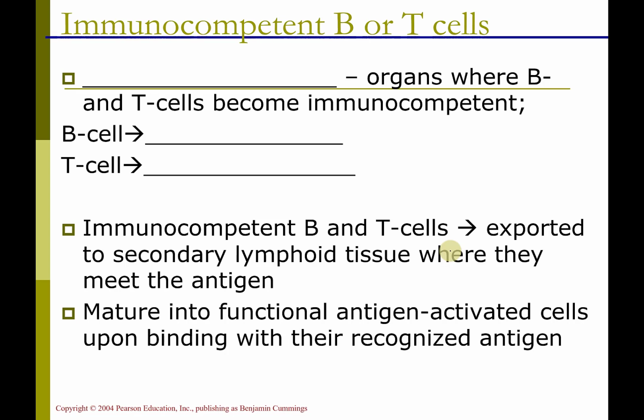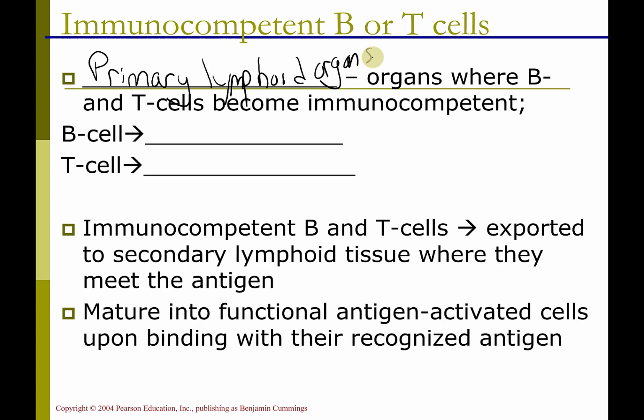So how do B lymphocytes or T lymphocytes become immunocompetent? The first place they do that is in primary lymphoid organs. Remember, these are organs of the lymphatic system, and we talked about those in the very beginning of this chapter, things like the bone marrow, the thymus, the spleen.